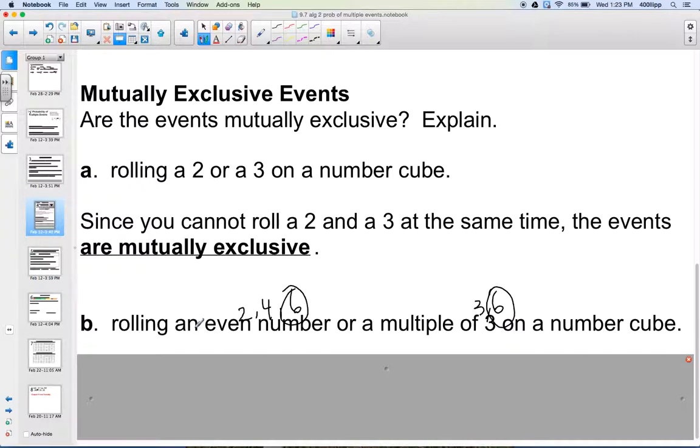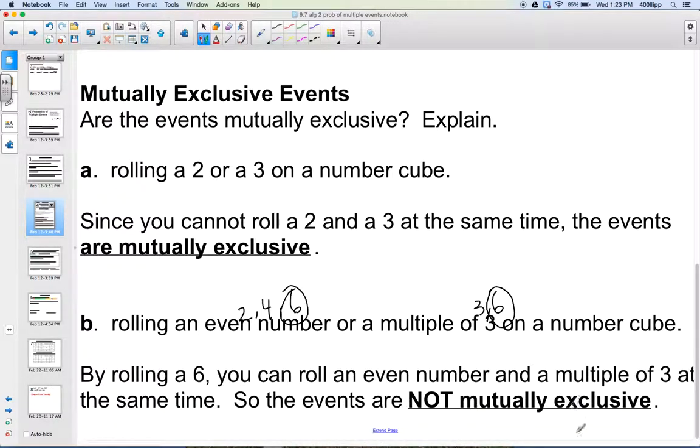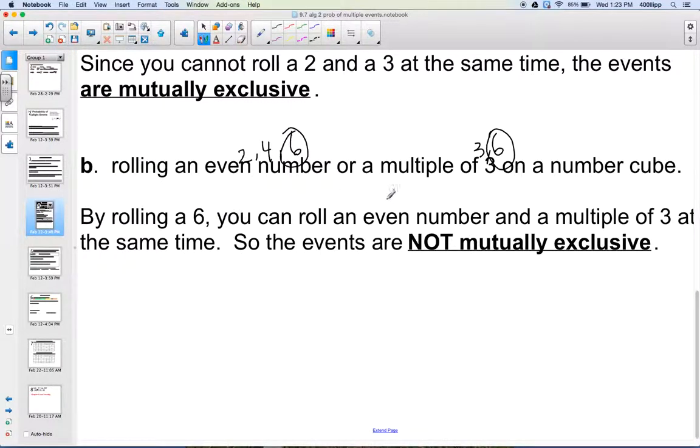If we roll a 6, it's even, and it's also a multiple of 3. So since it can happen at the same time, these are not mutually exclusive events. By rolling a 6, you can roll an even number and a multiple of 3 at the same time, so the events are not mutually exclusive.